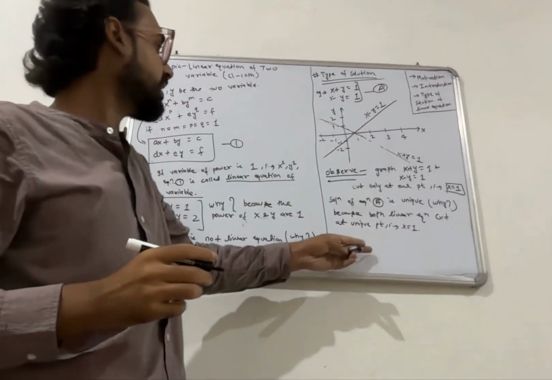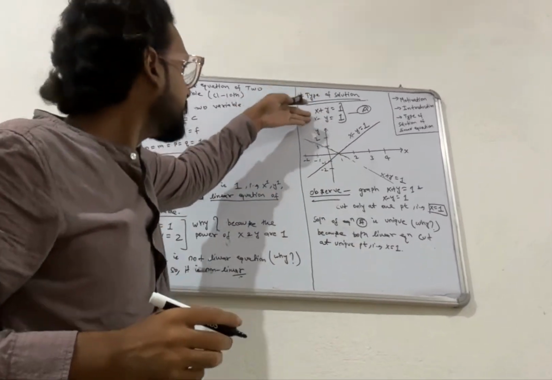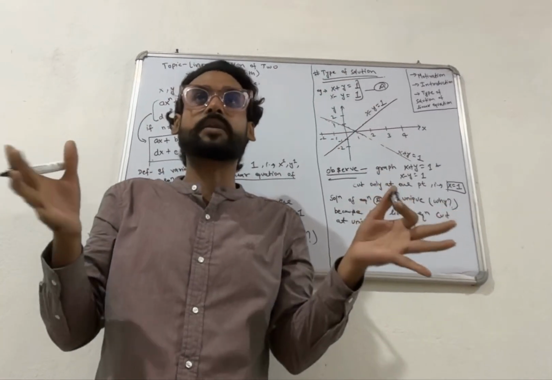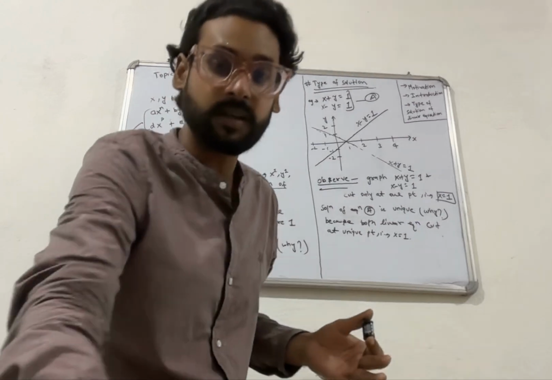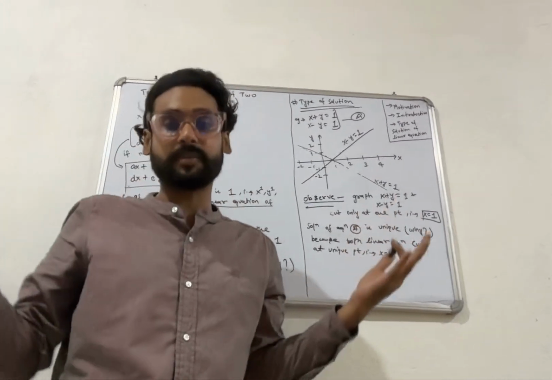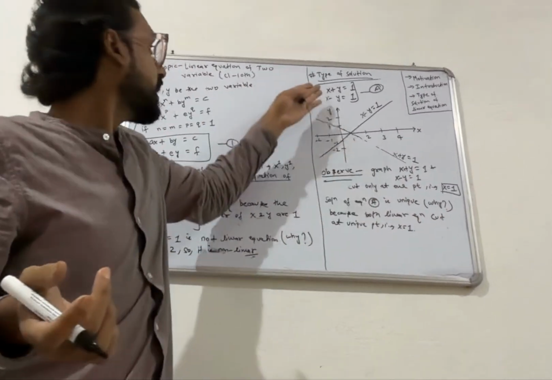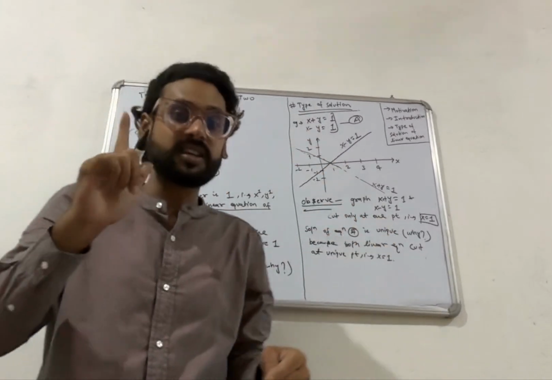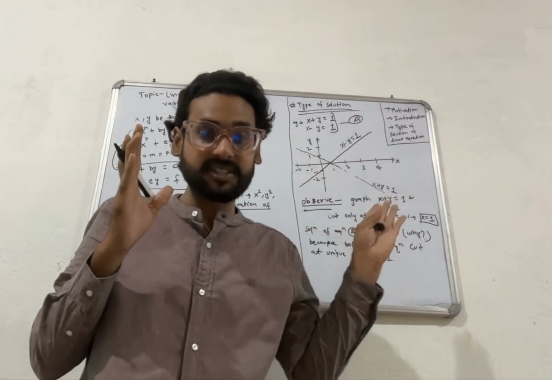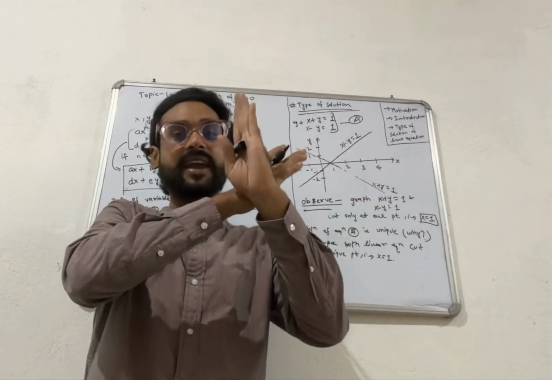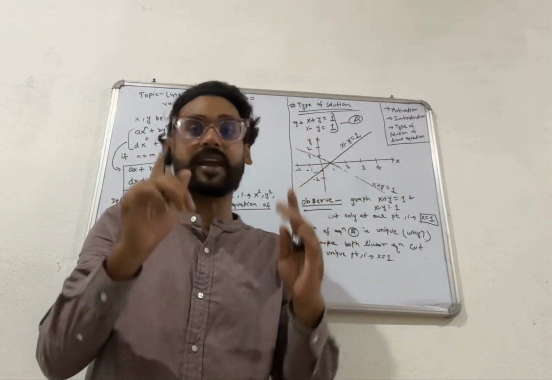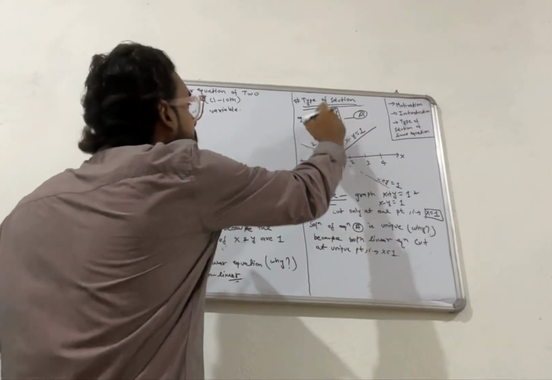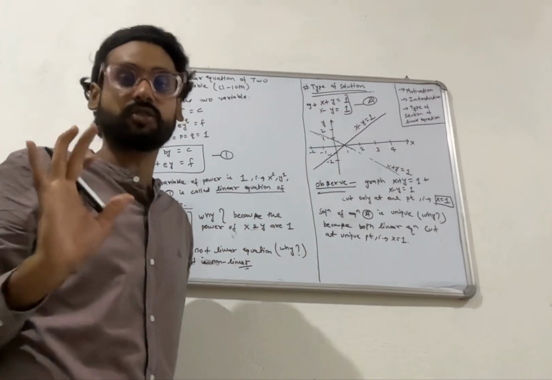So in this type of linear equation in our mathematics, if the equations cut at a single point on the graph, at a unique point, then we can say that the system has a unique solution.